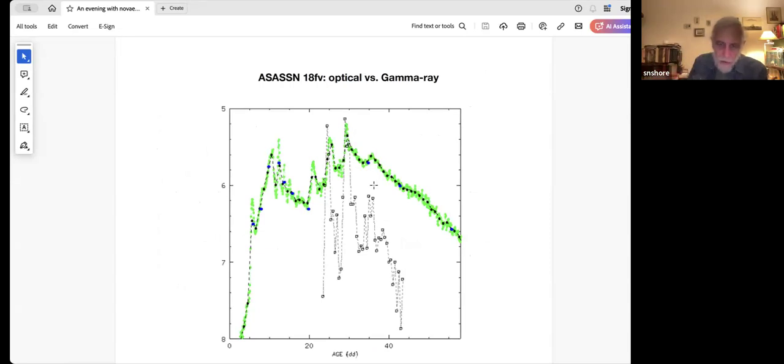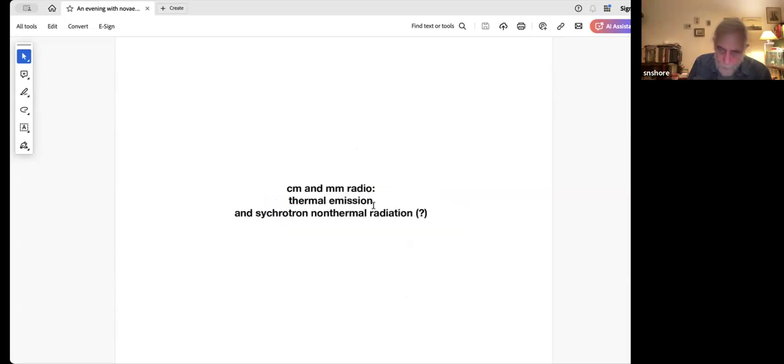The other indication, this is Assassin 18 FV, which is a transient. It's been called a slow nova, but it could be something else. But you see that the gamma rays here sort of kind of track the glitches in the optical. Okay, going to the other extreme, you might think, is centimeter and millimeter.